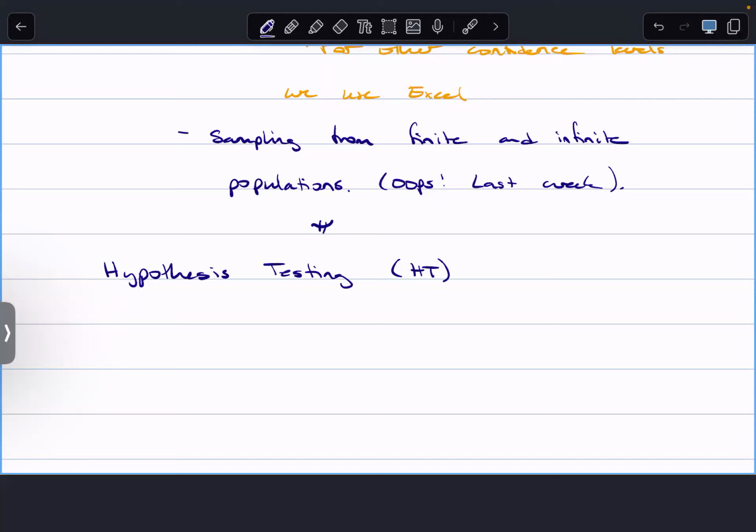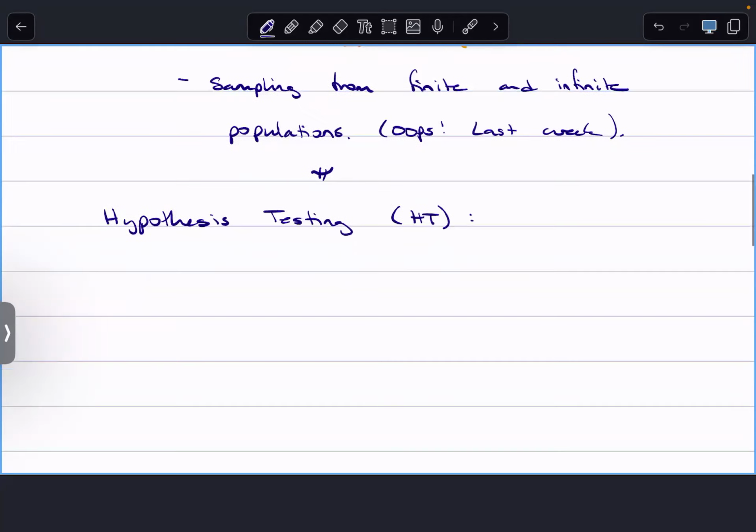And hypothesis testing is a formal framework for establishing significance. Okay. So maybe I'll put it down here. Hypothesis testing is a formal framework.